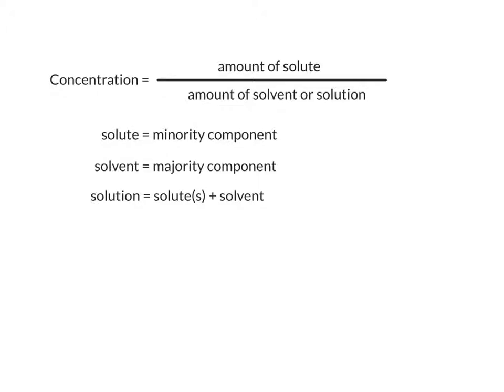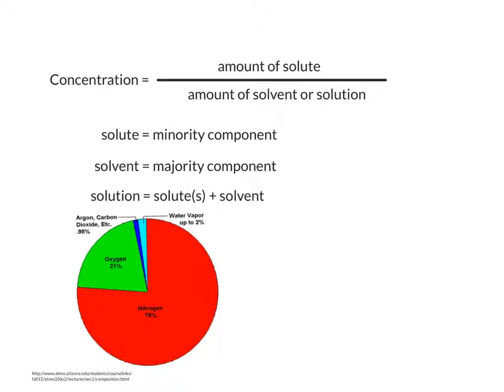With these formal definitions of solute, solvent, and solution, we can start thinking about solutions that are different than simple salts or sugars dissolved into water. One interesting solution to think about is a gas phase solution, and an example is the atmosphere we're breathing right now. The atmosphere we're breathing is a mixture of multiple solutes in a solvent.